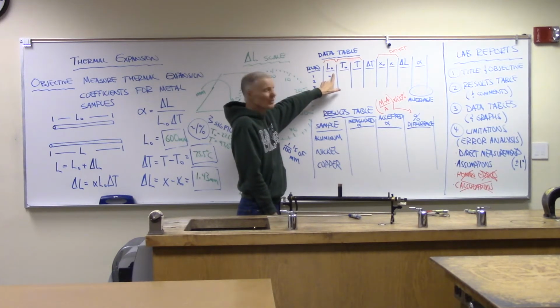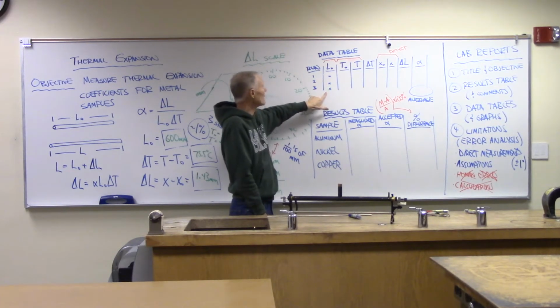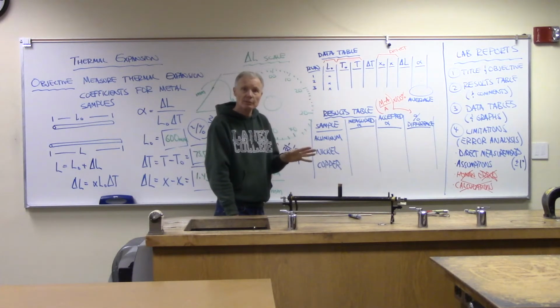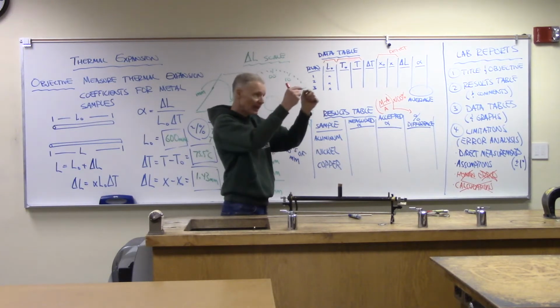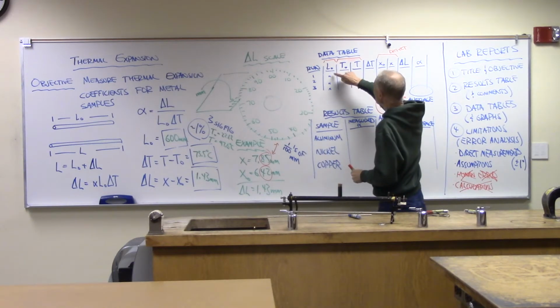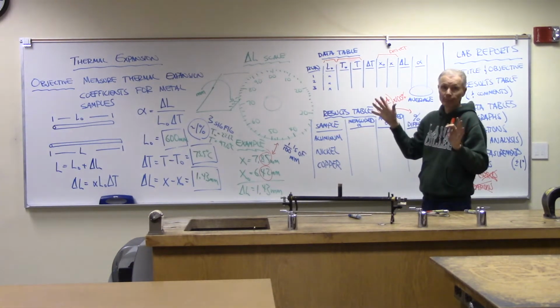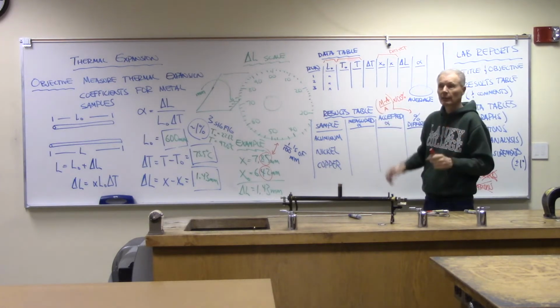Now I'm actually going to get the meter stick out 3 times and measure the L naught 3 times, just to make sure that I'm doing everything for each one of the runs. Now the T naughts and the T's could be different on each one of the runs, right?